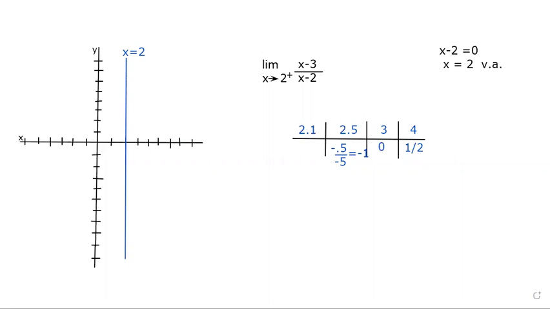And once again, if you put a 2.1 in, we're getting closer and closer to 2. 2.1 minus 3 will give you a negative 0.9. 2.1 minus 2 would give you 0.1. -0.9 divided by 0.1 will give you -9, as we can see.